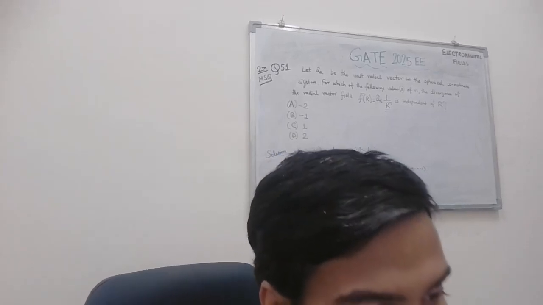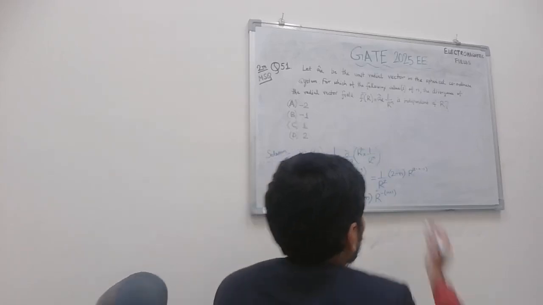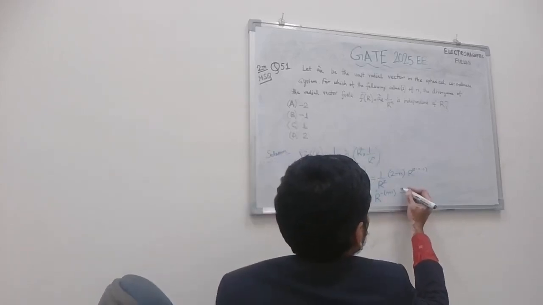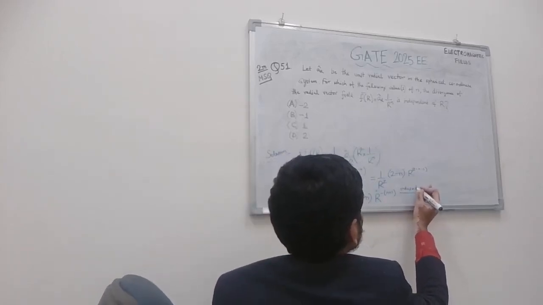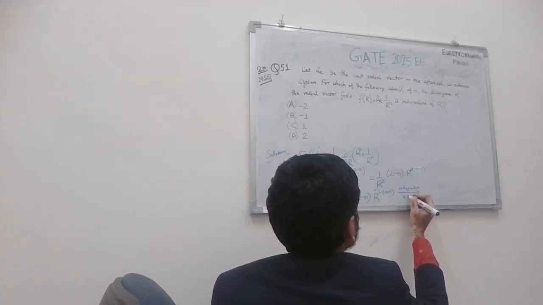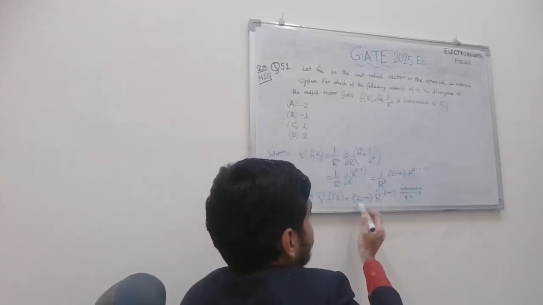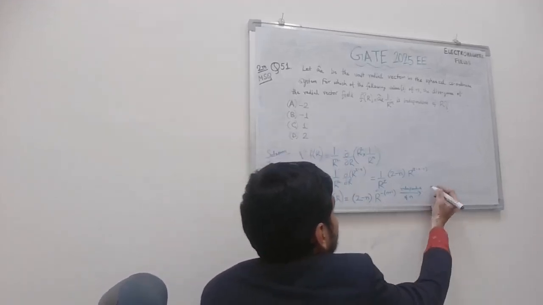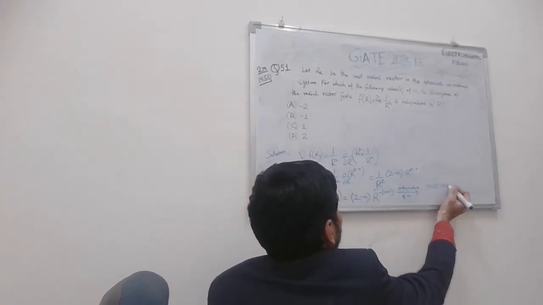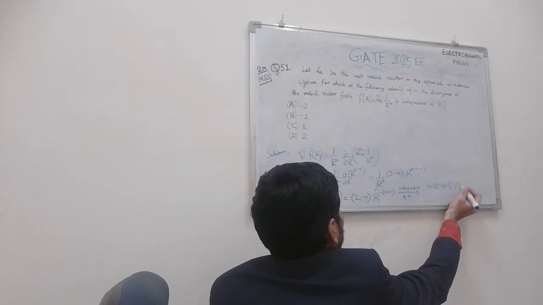This will be independent of r if... what has to happen for it to be independent? One possibility is n equal to 2, which means this term will vanish, and in that case it will be 0.